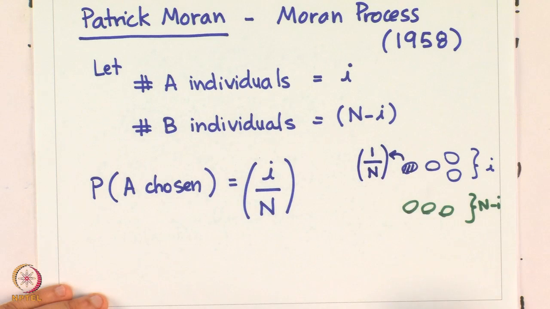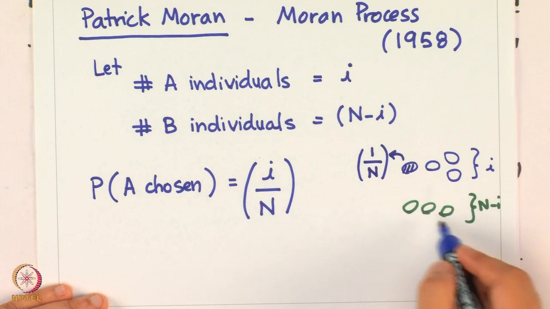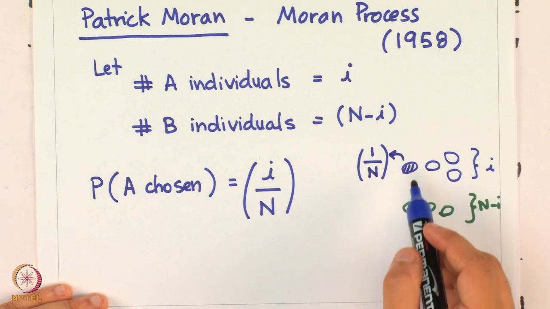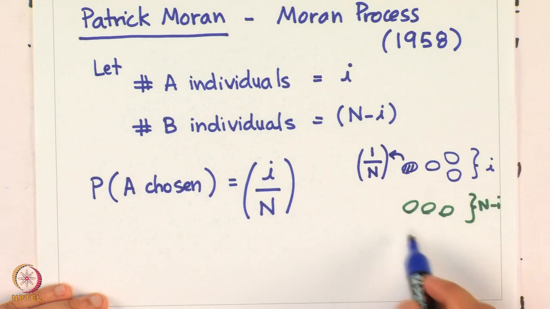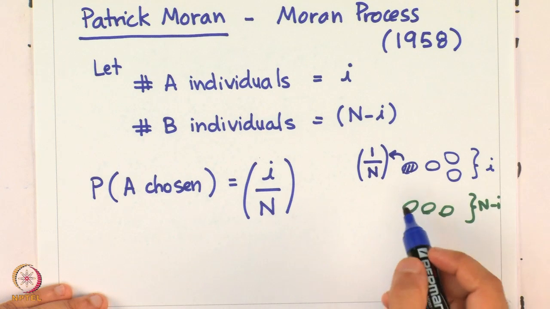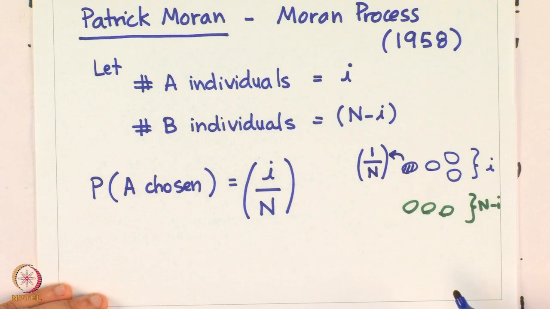Because when I am drawing an individual, the chance of drawing any particular one is equal to everyone else's chance, and hence drawing a particular individual is 1 by n.